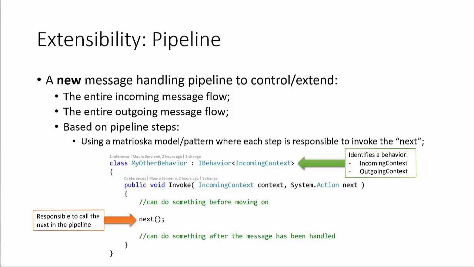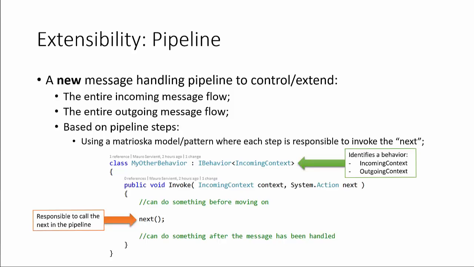As soon as we call next, we are blocked waiting for the pipeline to finish. So as soon as next returns, that means all the rest of the pipeline has been executed, and we can do something after the message has been handled. Or if it is an outgoing behavior, we can do something after the message has been delivered on the transport.